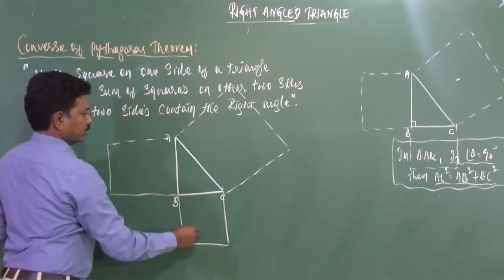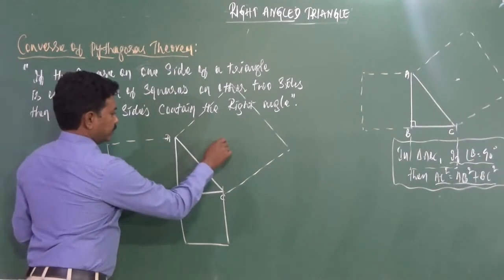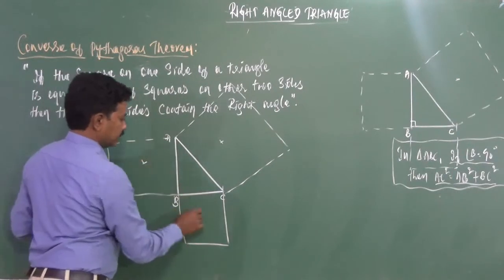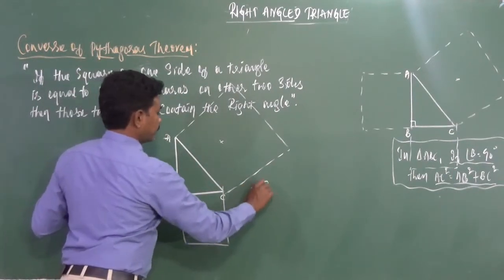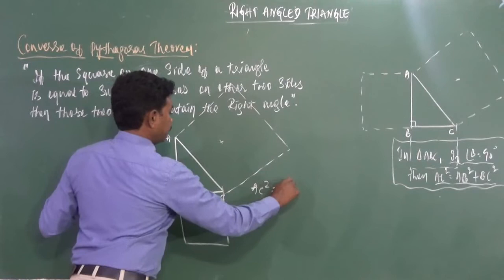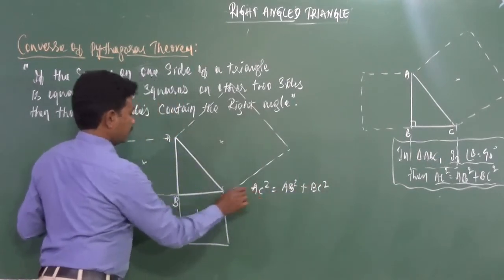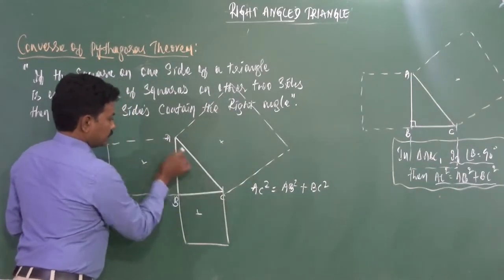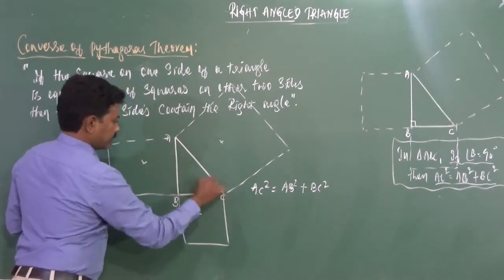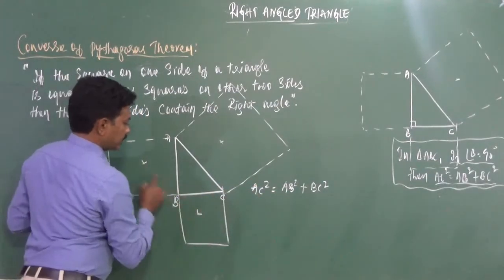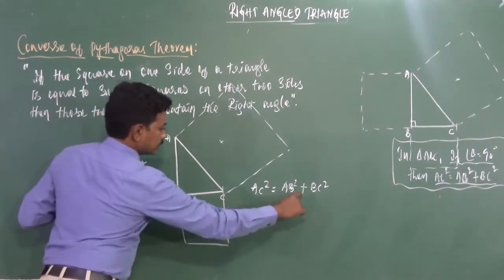So I come to know that the area of this square is equal to the sum of the areas of these two squares. That is, AC square has become equal to AB square plus BC square. That is, the square on the longest side of this triangle is equal to the sum of the squares on the other two sides.